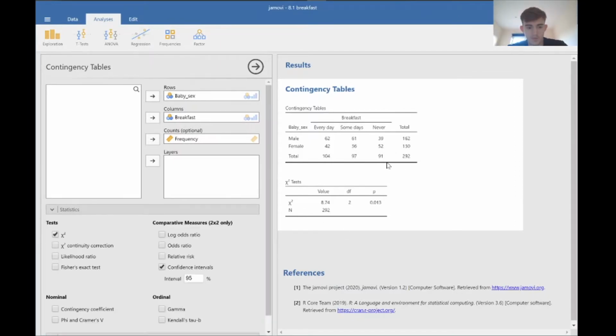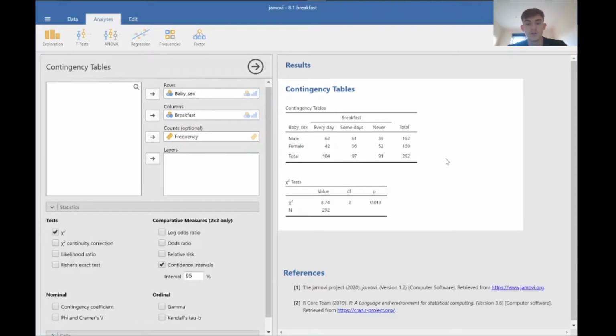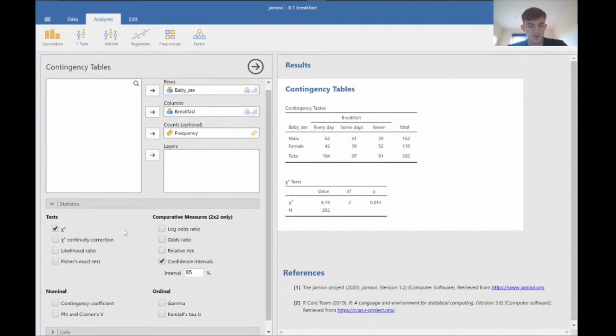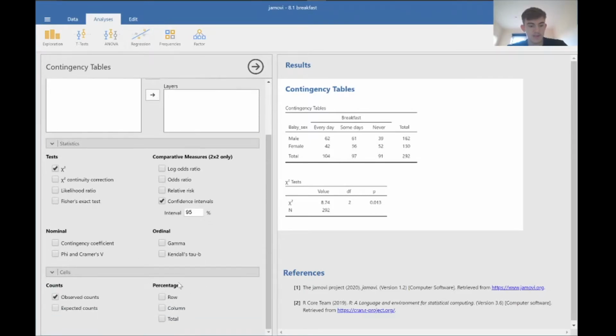So basically, if we follow our 5-step guide, we first ask what test we need. Here we're doing a chi-squared, obviously. Then we need some descriptive data, as we recall. If you go to cells at the bottom and select, in chi-squared our descriptive data is going to be percentages in this case.